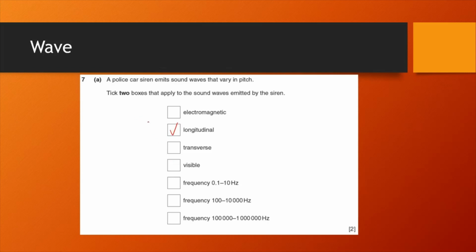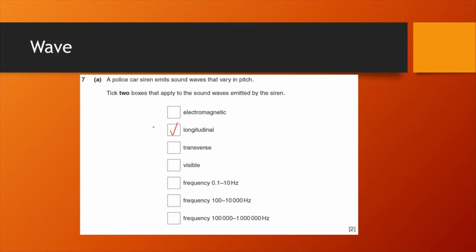For the second box, remember, when a sound can be heard by humans, it means that the sound is within the audible frequency. The car siren can be heard by humans. It means that the car siren is within the audible frequency.